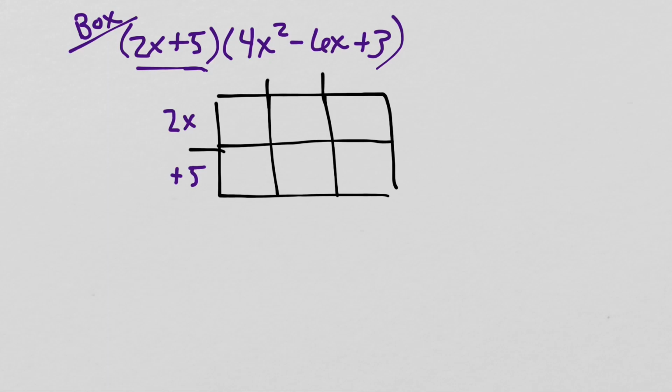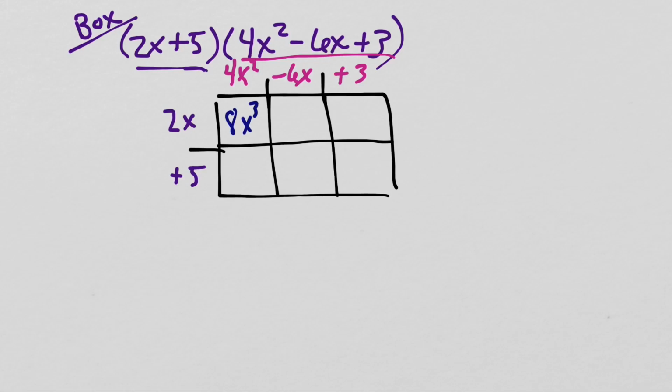So 2x plus 5. Then we'll take this trinomial and place those here at the top. So we're going to have a 4x to the second, a minus 6x, and a plus 3. And then it becomes kind of like multiplying within a Punnett square. So we're going to take the 2x times the 4x squared, and that's going to give us 8x to the third.